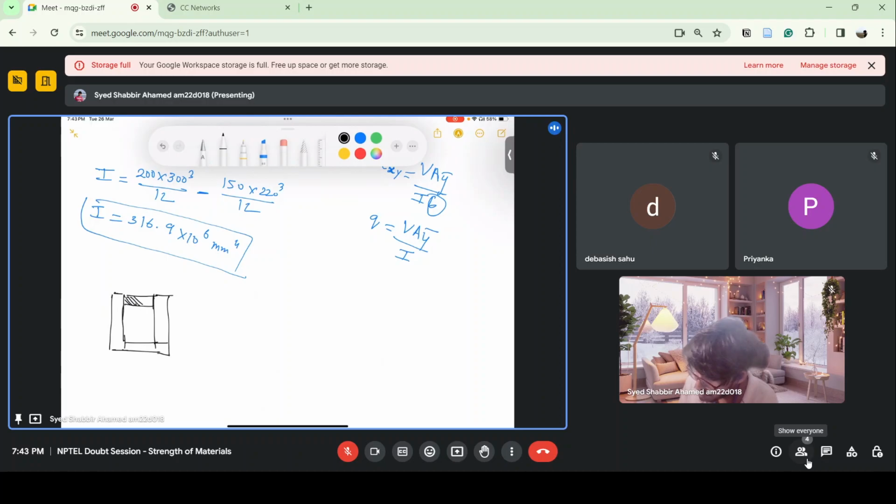But for this arrangement, only this area comes into the shear part, and the entire remaining shear is transmitted through the nails to the other part, to the other plane. So this area is there, and the screws are present at the middle of this.